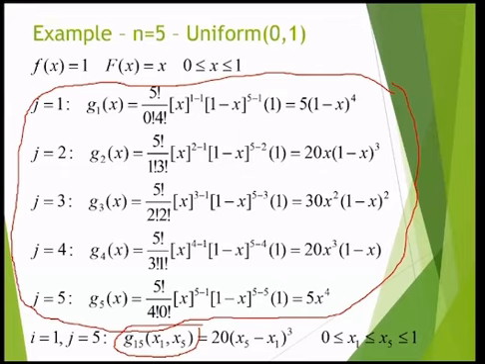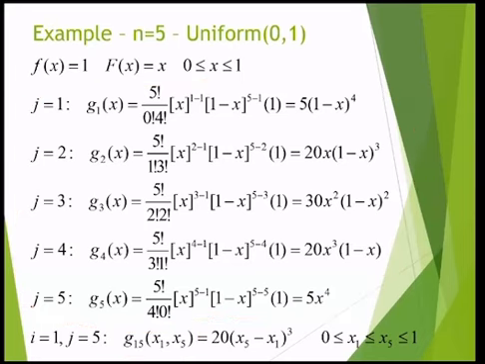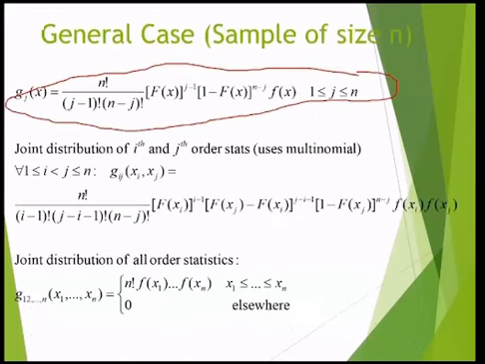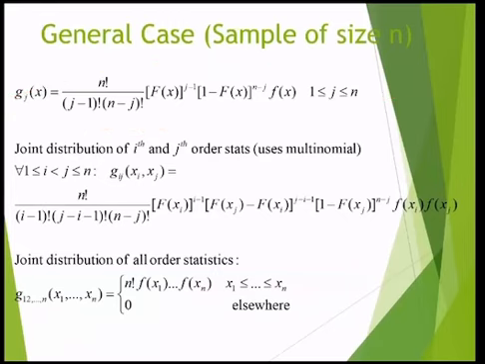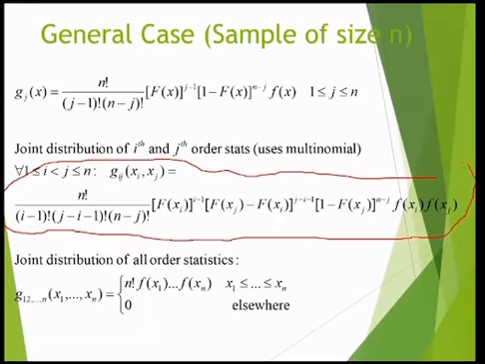You can go back here and use the formula with i and j. You just plug in i equal to 1, j equal to 5. When you plug in those values directly, you get your result.